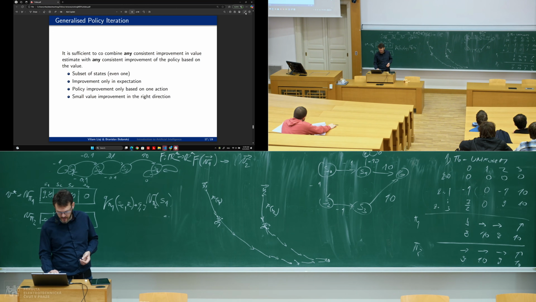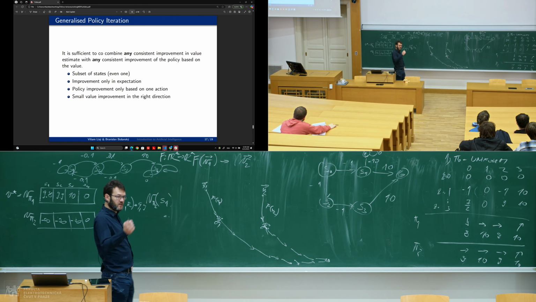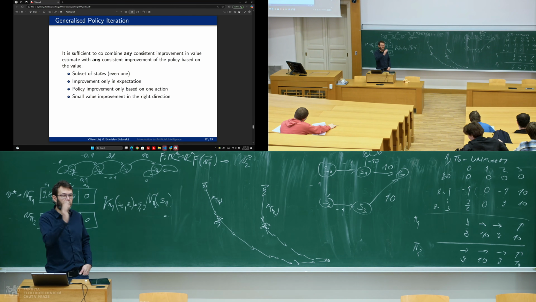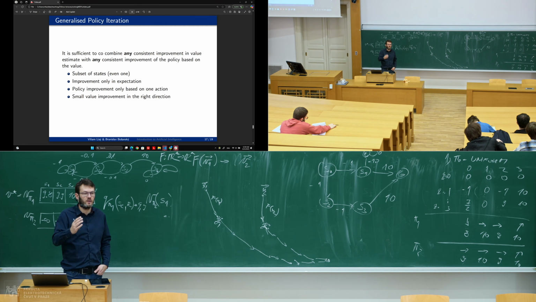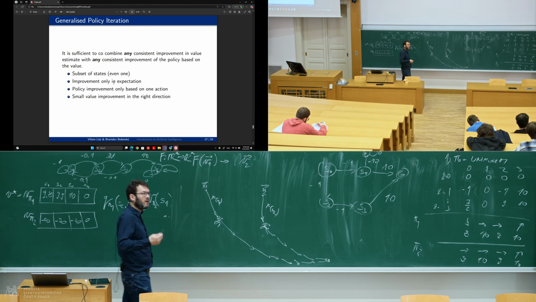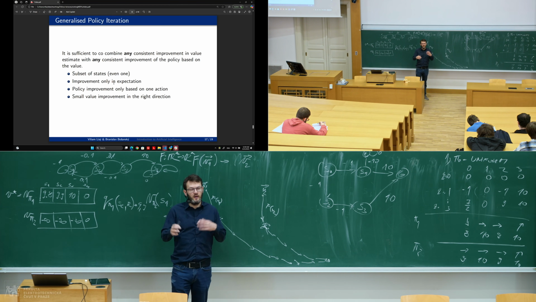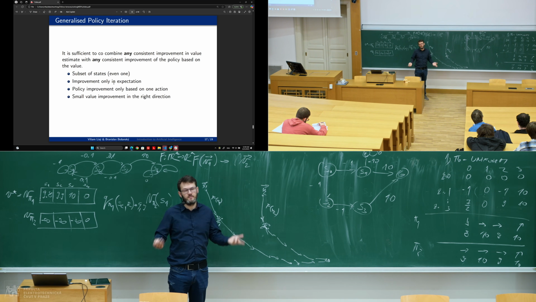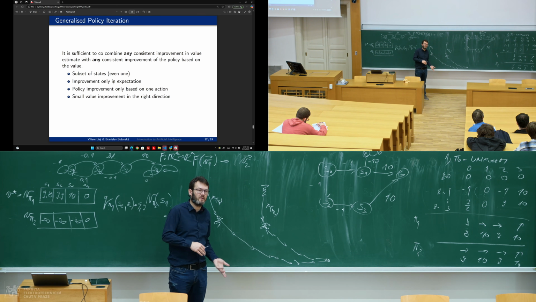That's the important thing. So you can take any subset of states, possibly even just one state in which you will improve. And if you just randomly sample one state in every iteration and you improve either policy or value in that iteration, it will converge, if you improve in expectation, right? So you can make some kind of neural network update, which can sometimes make things worse, sometimes make things better.